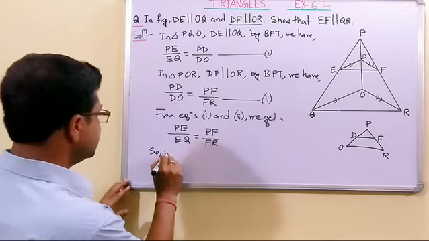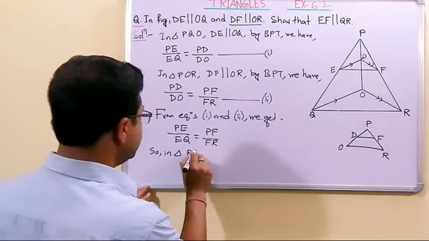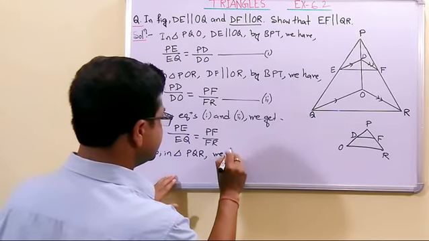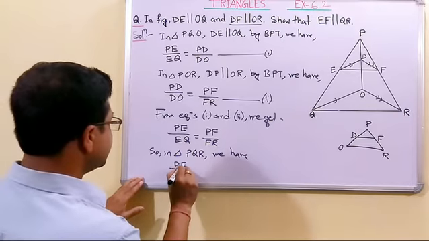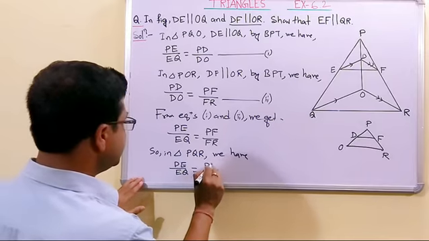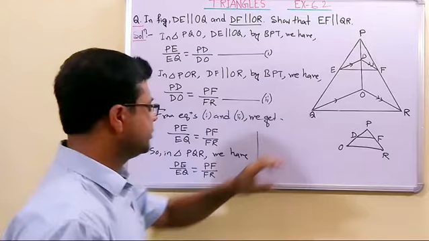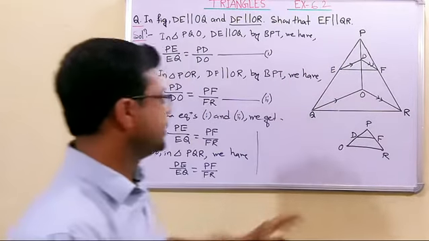So in triangle PQR, we have PE by EQ is equal to PF by FR.